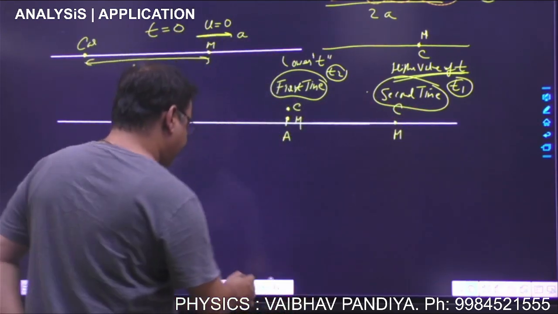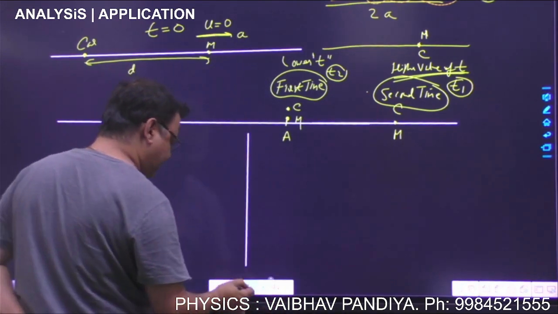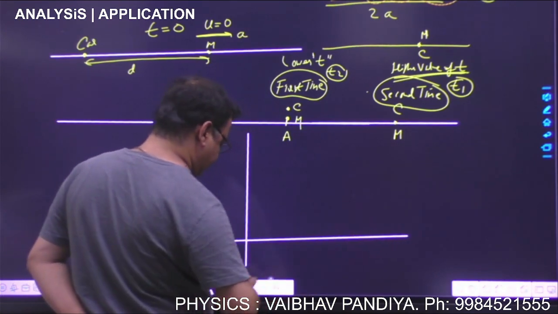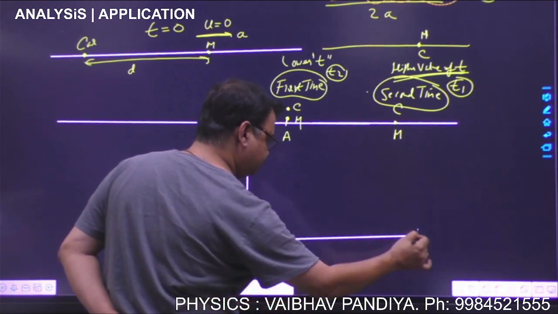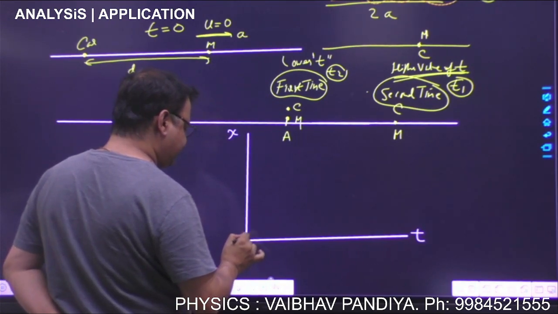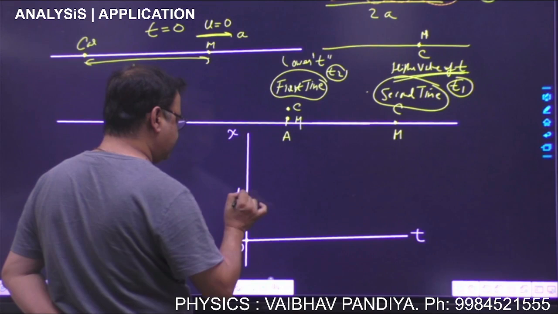of time. And if you want to visualize the scenario graphically, what is happening here? See, this is the time axis and this is the position. The policeman is starting from the origin, the motorcyclist is starting from a distance d.